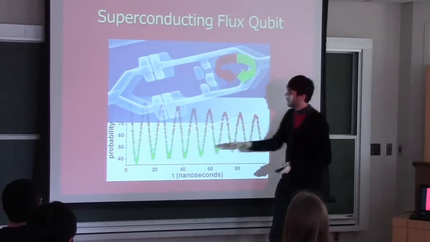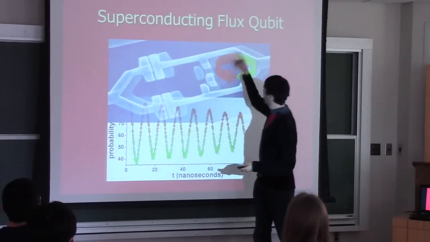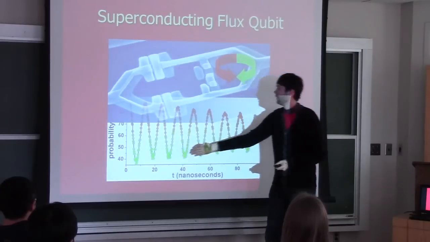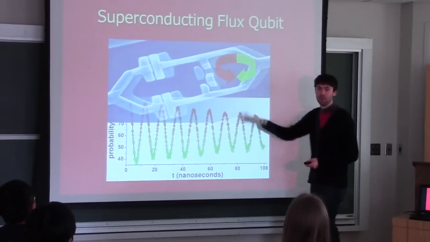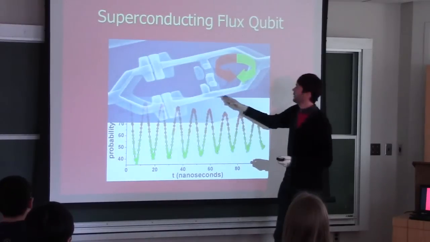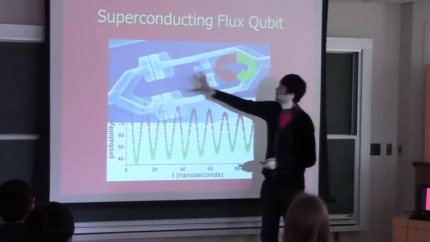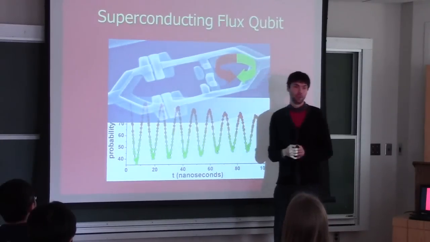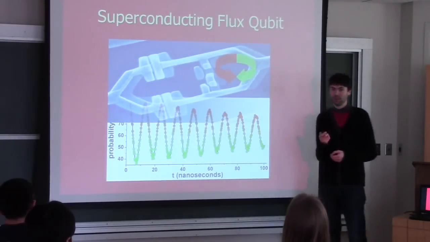And they get, when it's red, it's flowing this way, and when it's green, it's flowing the other way. As a function of time, there is this quantum Rabi evolution of current. And this circuit here is a detector. So this is what measures this current, and it is called a SQUID, superconducting quantum interference device.